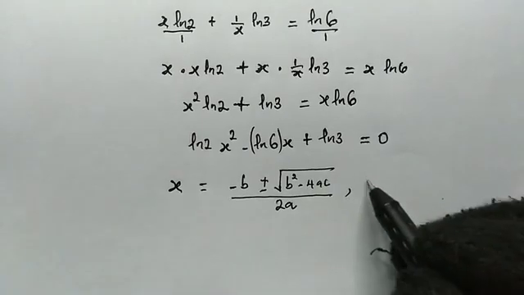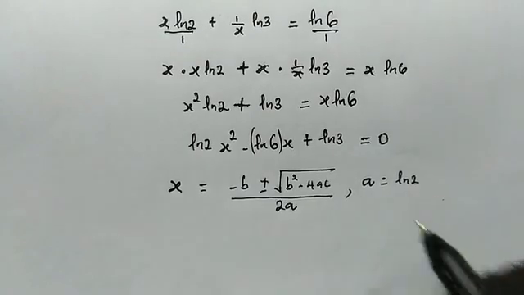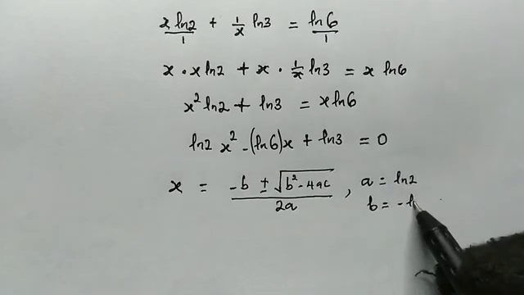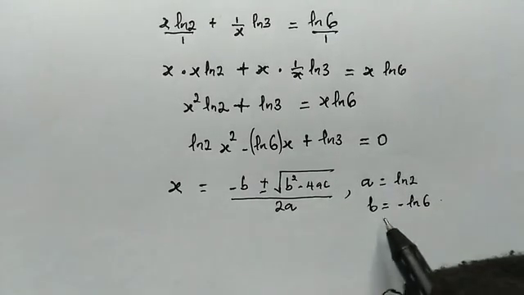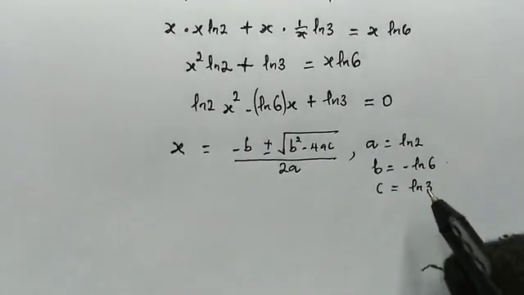And from here, a is the coefficient of the leading term, which is the natural log of 2. B is equal to the coefficient of x, which is negative natural log of 6, then c, which is the constant, the positive natural log of 3.